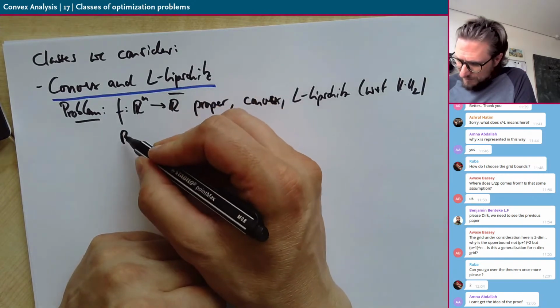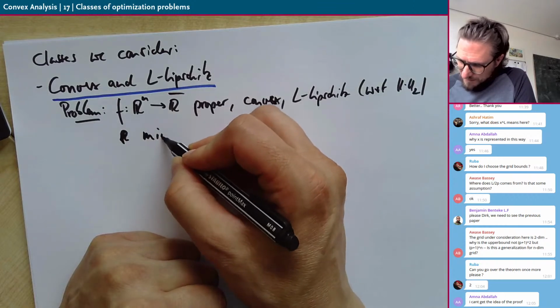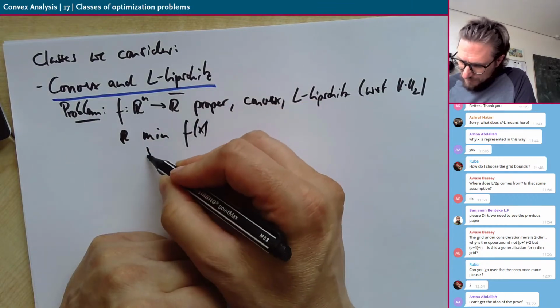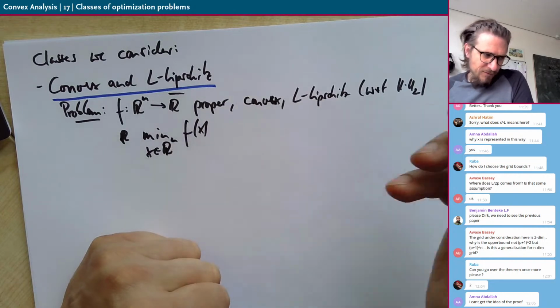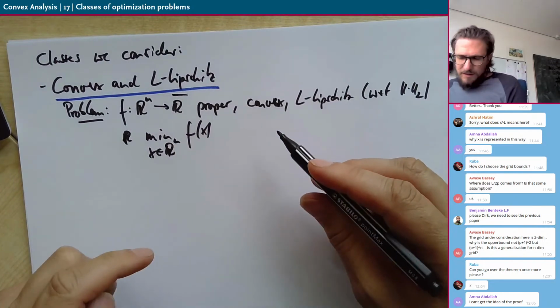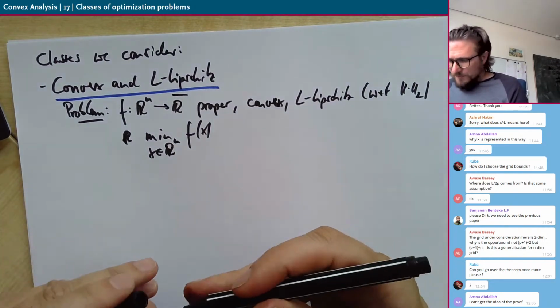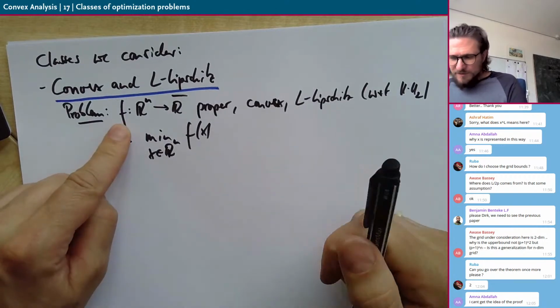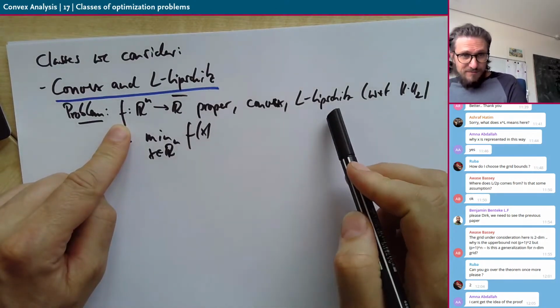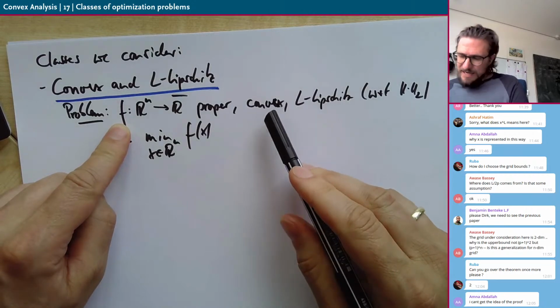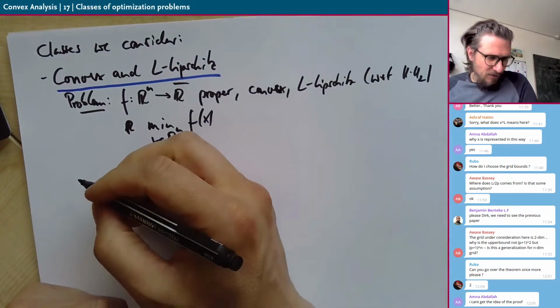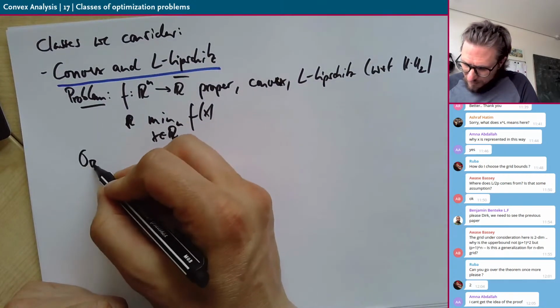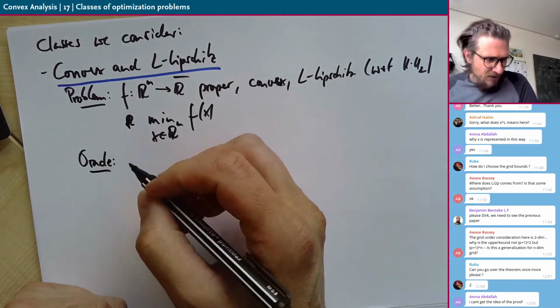And the problem is then minimize f of x over x in Rn, as before. It's always the same thing. So this is the problem class. So we assume that we know that the function is also convex, not only L-Lipschitz, but also convex. So our oracle, what are we allowed to do?